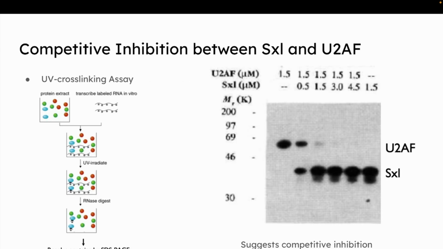What you should see is the proteins that are isolated from it, the proteins that end up binding to the RNA. And what they found, if you take a look here, is they plotted respective concentrations of Sex-lethal and U2AF.